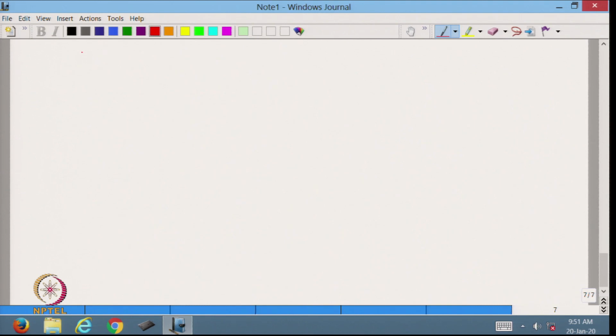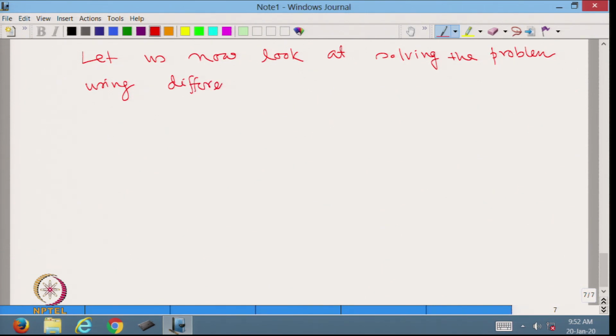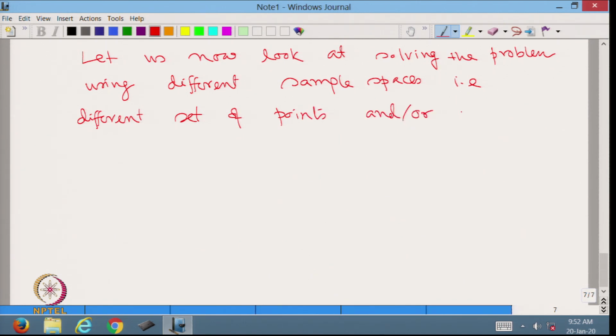Okay. So, let us now look at solving the problem using different sample spaces, that is different sets of points and or different sigma fields defined over them.